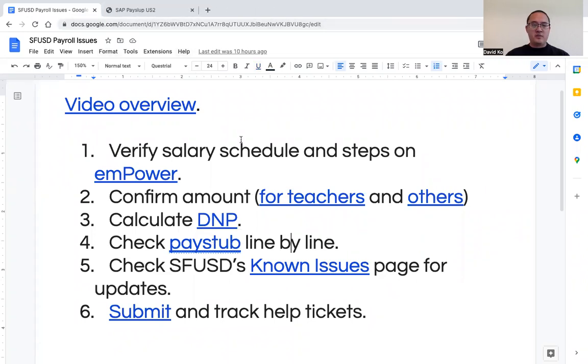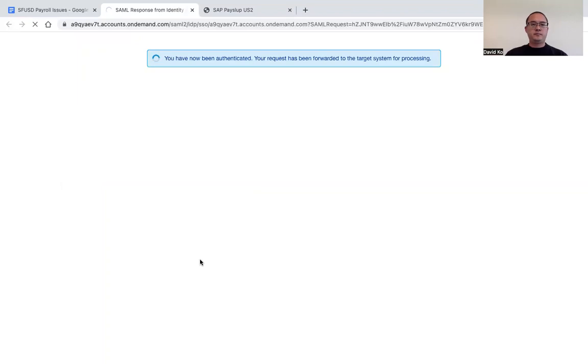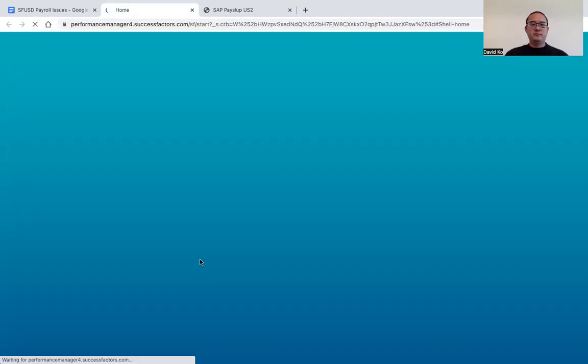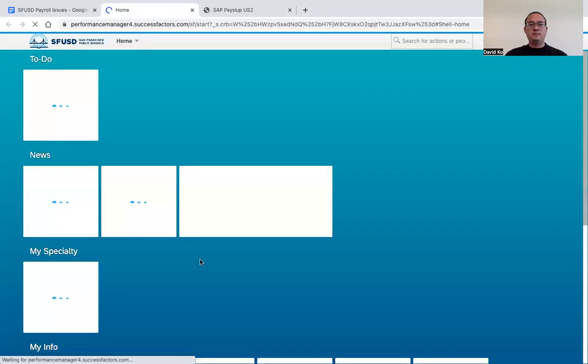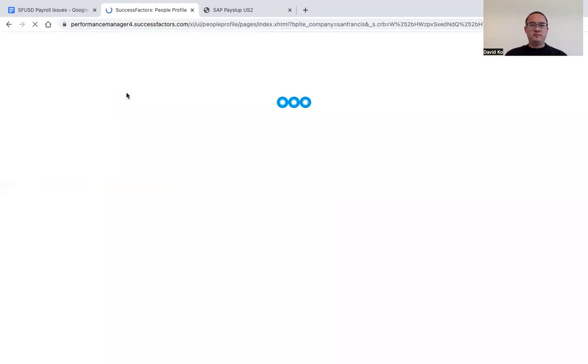And to make sure that we know how to find the pay stub, we're going to again go to Empower, and go to the same place that we went earlier, or at least close to it: home, and then my employee info.